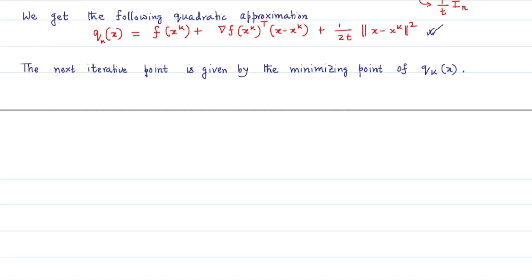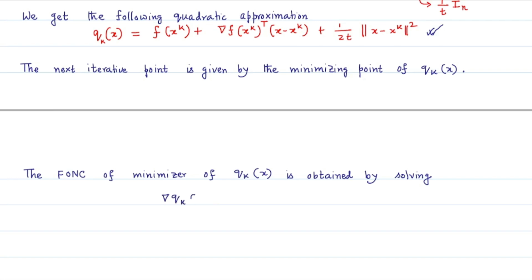To find a minimum point of qk(x), we solve the first order necessary optimality condition, the gradient of qk(x) equal to the null vector, that is, gradient of f at xk plus 1 upon t times (x minus xk) equal to the null vector.